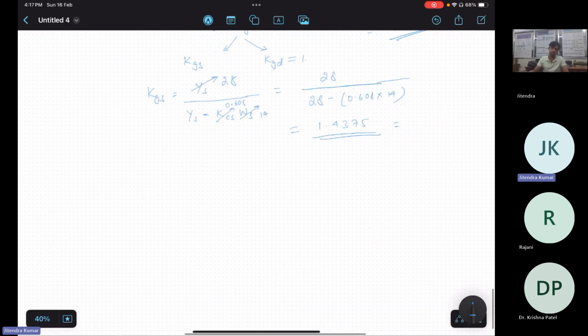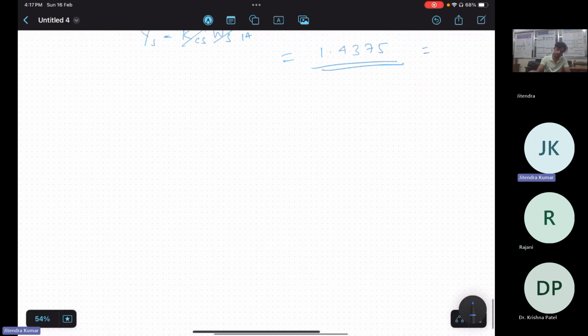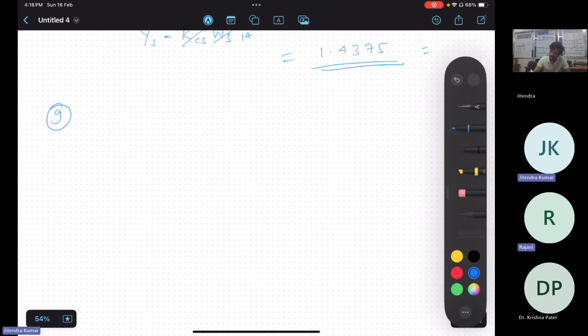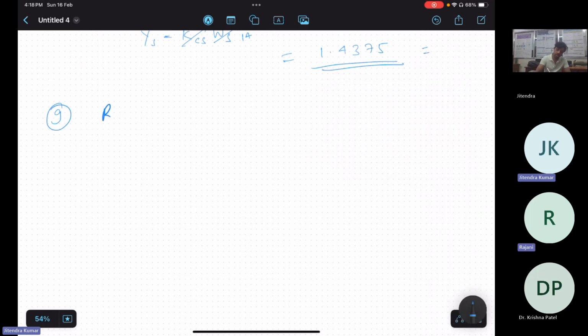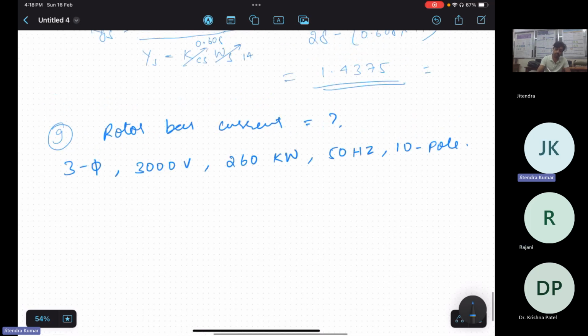Okay, so the next problem is we have to calculate the rotor bar current. Ninth question, part 7. A three phase, 3000 volt, 260 kilowatt, 50 hertz, 10 pole SCIM is given.